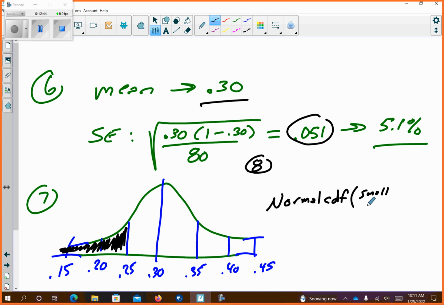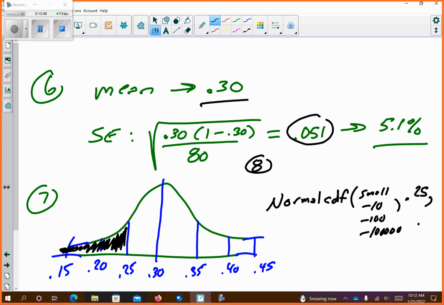So we could pick like -10 or -100 or -10,000. Doesn't really matter what we pick. It's going to give us pretty much the same answer unless you pick something too close to it. So if you pick 0, you might not get quite the answer we're looking for. The next part would be 0.25 because we want up to the 25%.